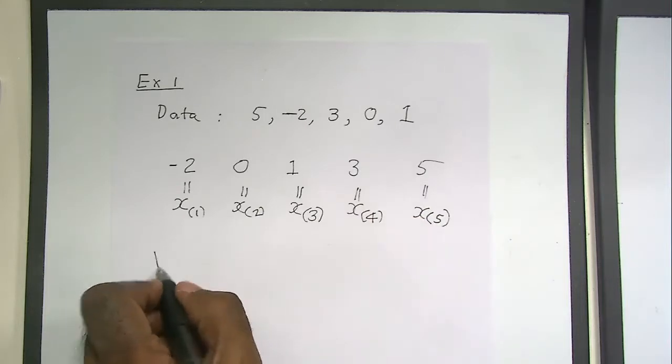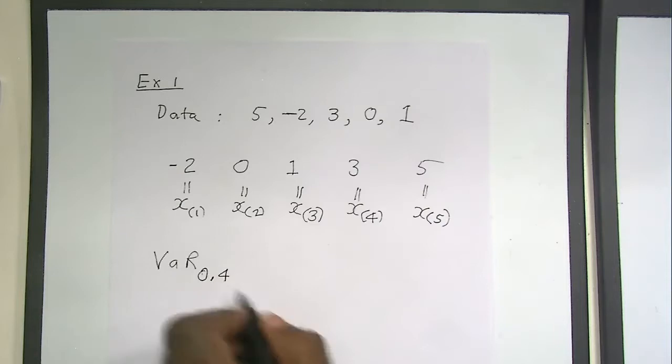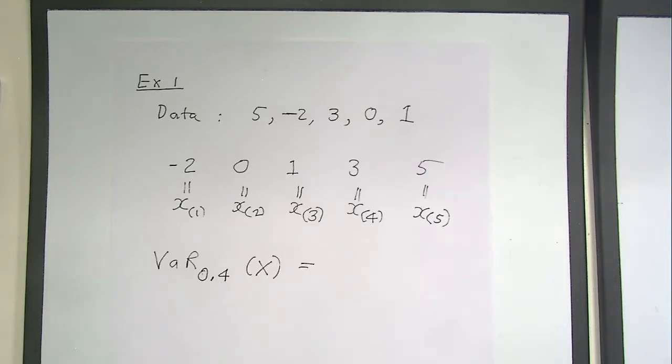Now, if I ask you what is VaR at 0.4, what do you think that would be? Just use the formula, guys. This is the formula I gave you. VaR is equal to this if P belongs to this interval.